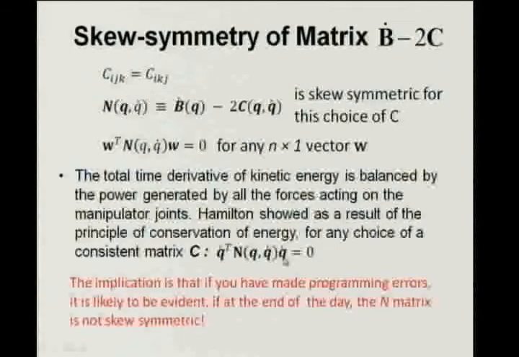What Hamilton showed is that this is essentially the principle of conservation of energy, and that this is true for any C matrix that you form, not necessarily the one going through the Christoffel symbol route. However, it is exactly skew symmetric only if you use the Christoffel symbol route.